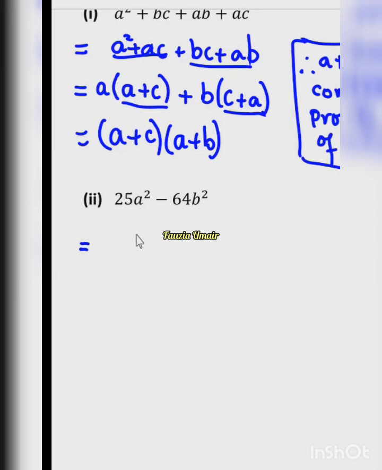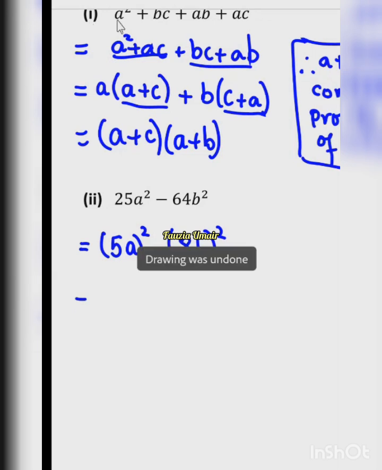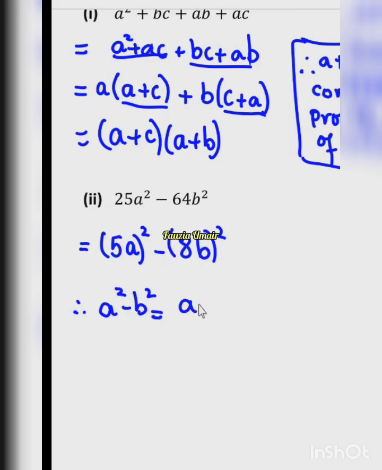A square minus B square. So 25A square is a square of 5A and 64B square is square of 8B. Using formula A square minus B square, we know that A square minus B square is equal to a plus b into a minus b.